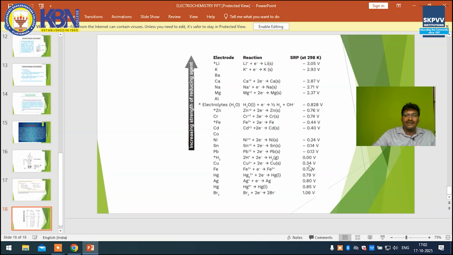The reduction potential value of copper is more. That means copper is reduced and zinc is oxidized. If you want to connect zinc and copper, which one acts as anode and which as cathode, the electrochemical series will tell you. Which one is more? Copper is more. Therefore, copper undergoes reduction, whereas zinc undergoes oxidation. There are so many applications for the electrochemical series.